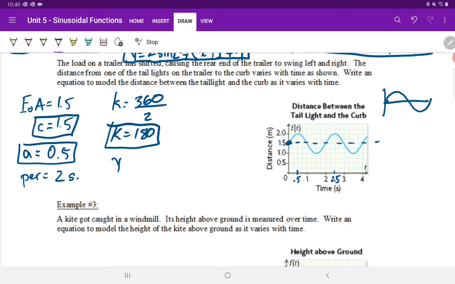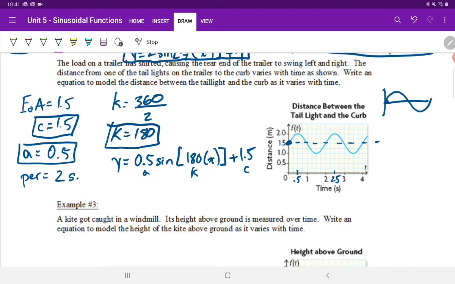So if I were to write out my equation, it would look like this, with no phase shift. 0.5 is your A, your K is 180, and your C is 1.5.